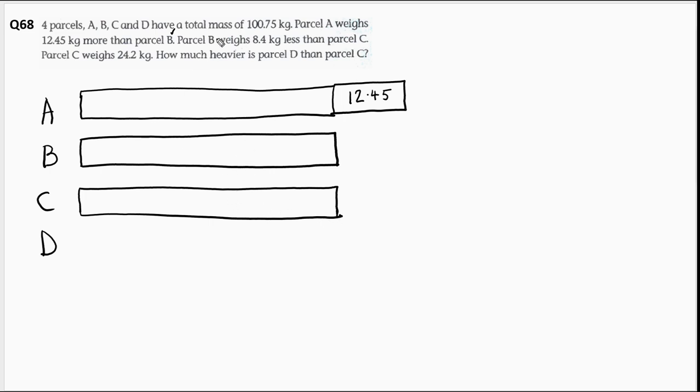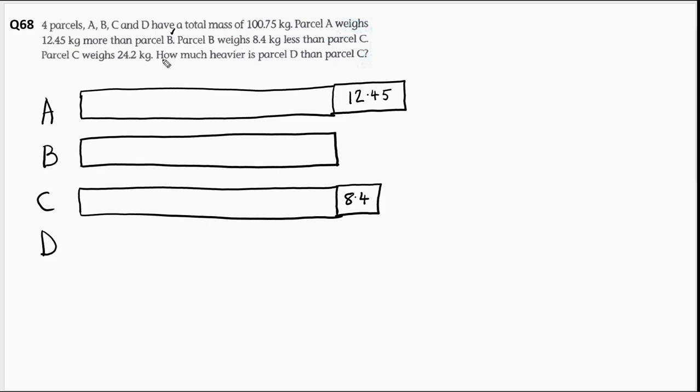And then it says B is 8.4 less than C. So C is 8.4 more than B. So this is 8.4. And I've made this bit just a little bit smaller than this bit because this is 8.4 and that's 12.45. Let me just write that a little better. So that's 8.4.